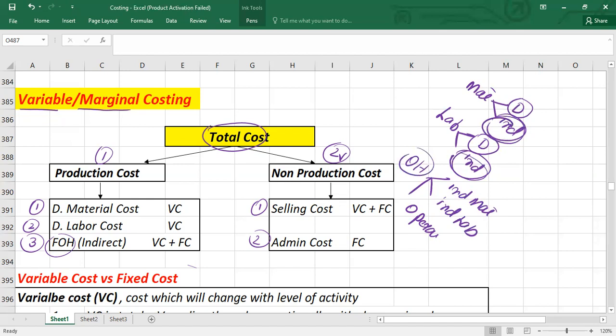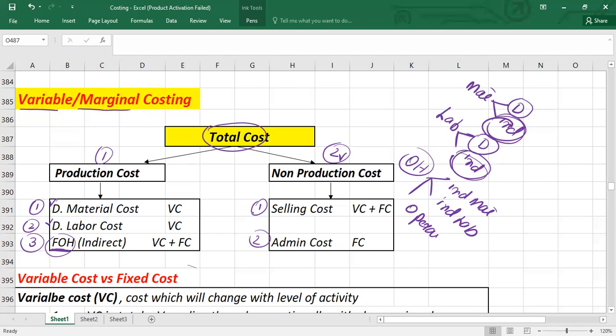Okay, and factory operating cost, also known as general overhead, might include utilities, real estate taxes, insurance, depreciation on factory plant, even rent, etc. So these are called overhead cost. Okay, in simple words, we can say overhead costs are those costs which are neither direct material nor direct labor. Those are called factory overhead cost.